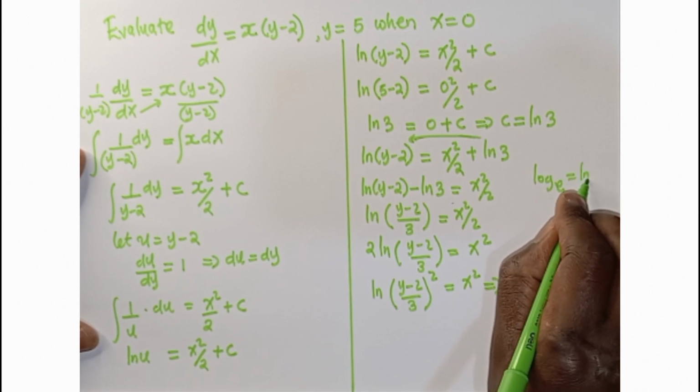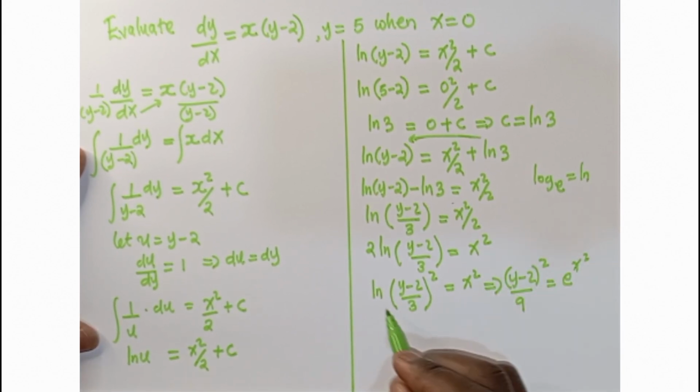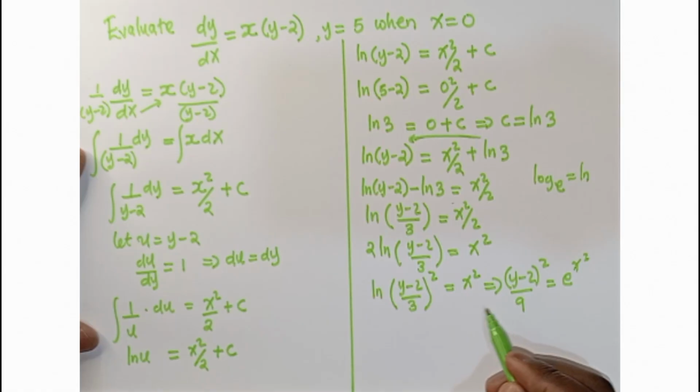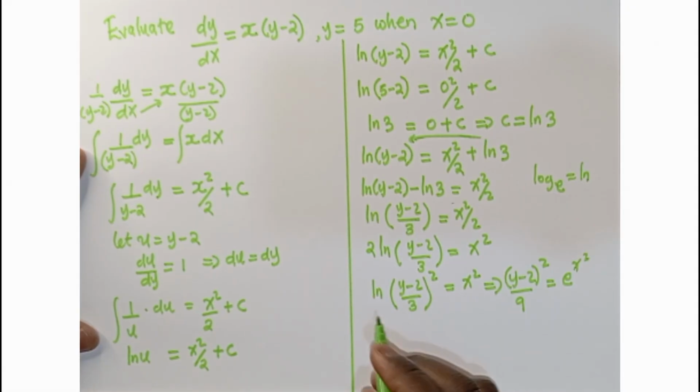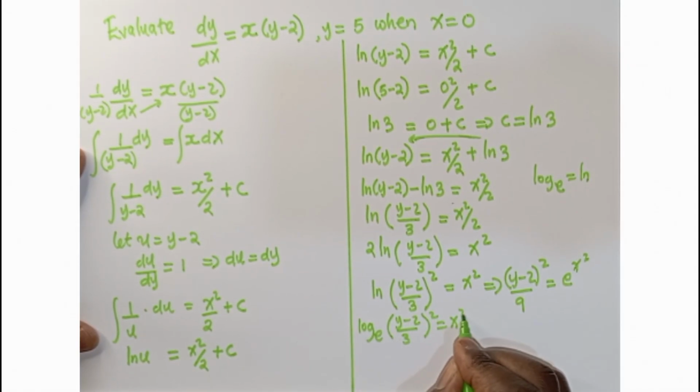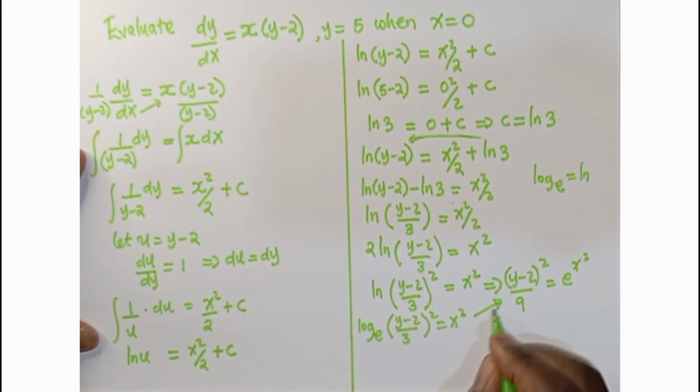So when we change it to this form, we end up having this. If we write this step here, this was the same as log base e of y minus 2 out of 3, everything squared, is equal to x squared. So this is what led to this.